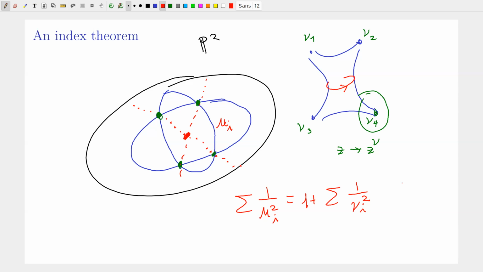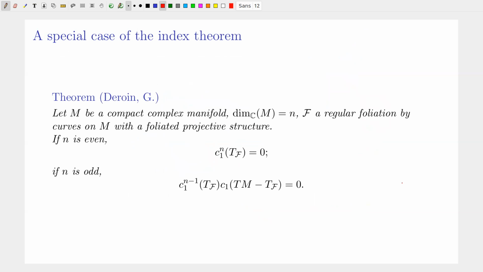Okay, so I wanted to give you this explicit example, and let me give another instance of the theorem, one where there are no singular points involved. This is a special case of this index theorem, for regular foliations. So you suppose you have a compact complex manifold and you have a foliation F, regular.